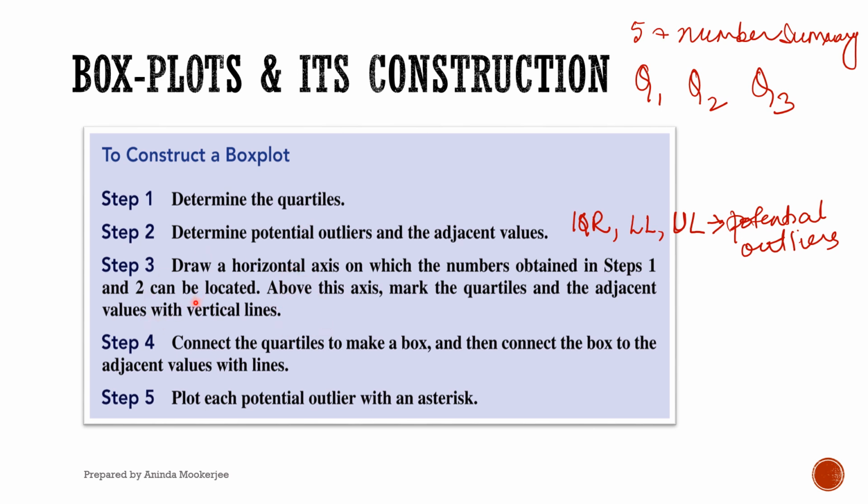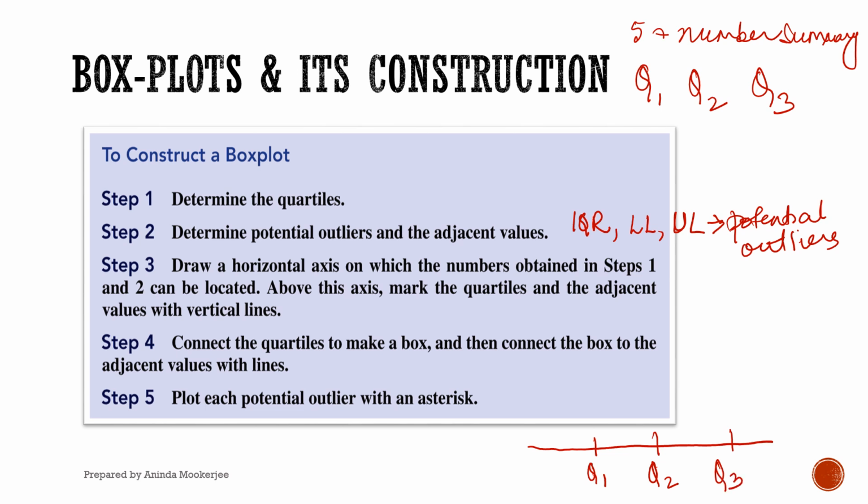In step 3, it says draw a horizontal line on which the numbers obtained in steps 1 and 2 can be located. Above this axis, mark the quartiles and the adjacent values with vertical lines. So the way we go about it is we have our horizontal line, and there identify your quartile 1 value, and please write the quartile 1 value and then the quartile 2 value and then perhaps the quartile 3 value.